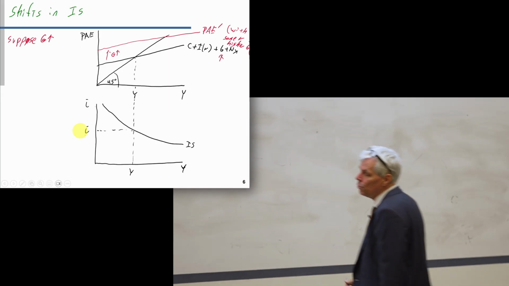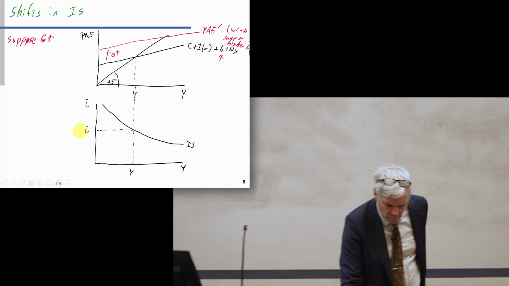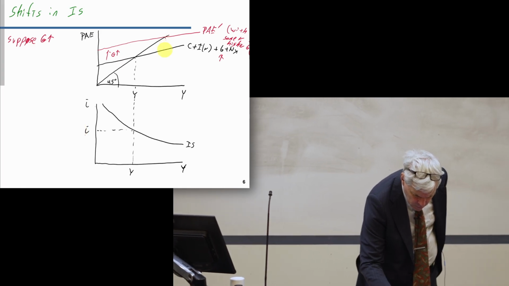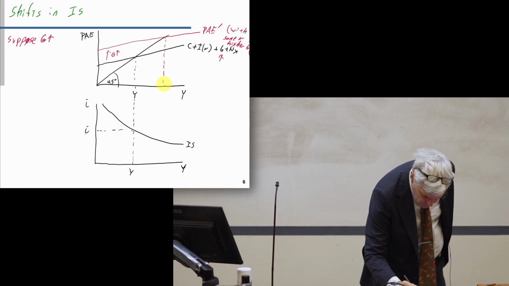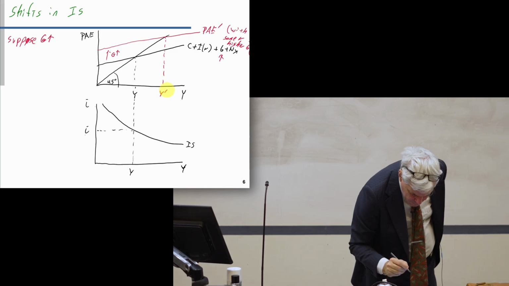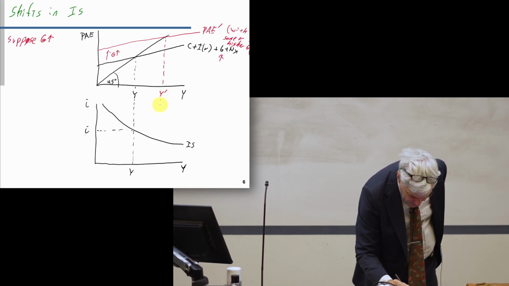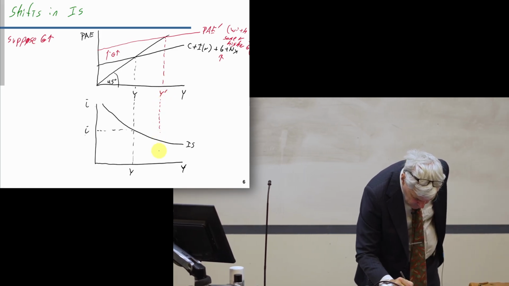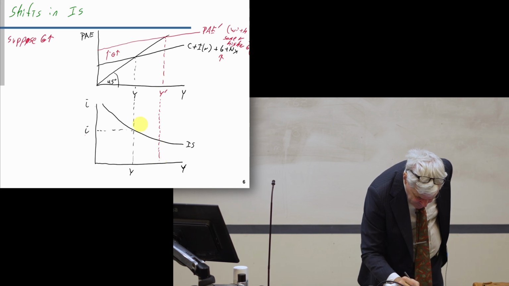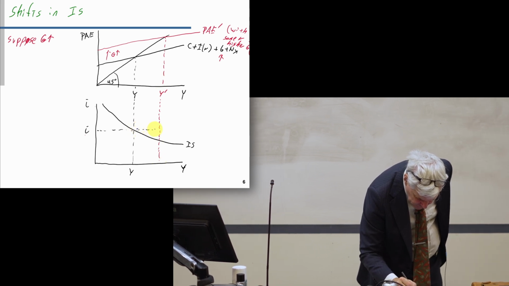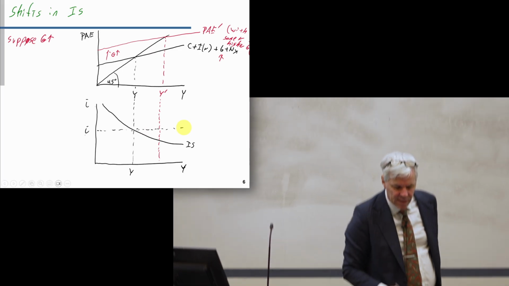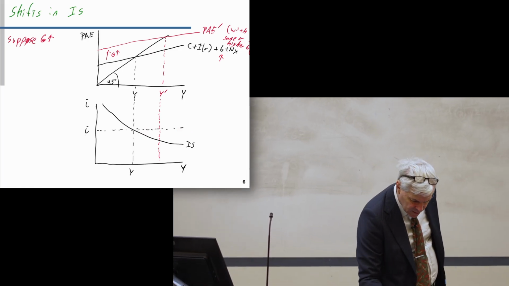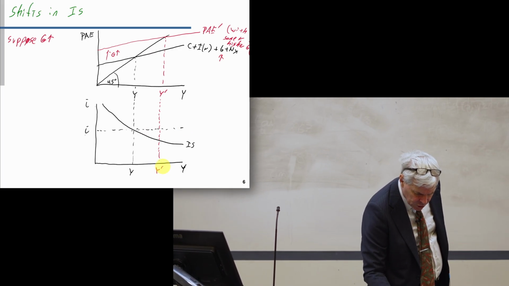And so we get a new level of output, y prime, and we can carry that down and say at this same interest rate, we didn't change the interest rate here, this is the new level of output.